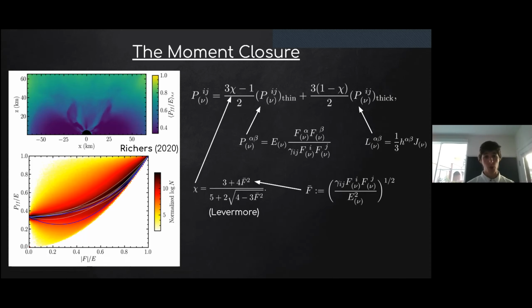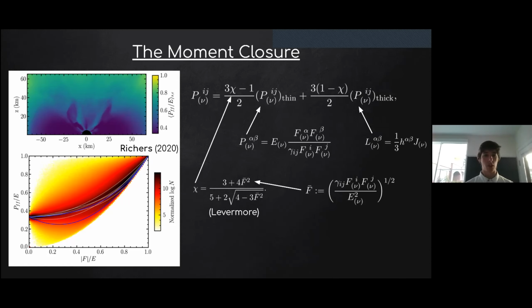And so you see that most of the cells follow this trend here, and each of these lines is one of these approximate closures. So one of these closures says that for a given flux there is a pressure tensor, and so they generally follow the average trend pretty well. But it's clear that none of these individual lines can possibly account for all of the scatter.